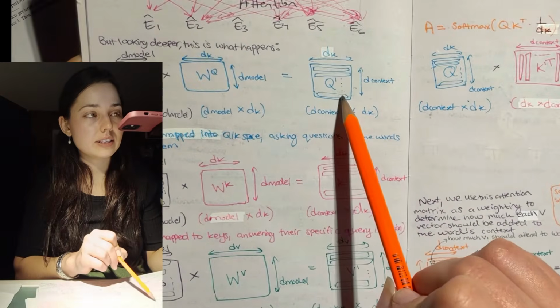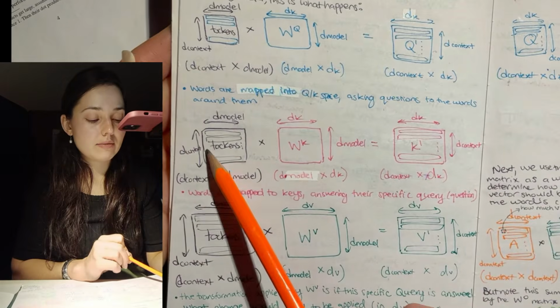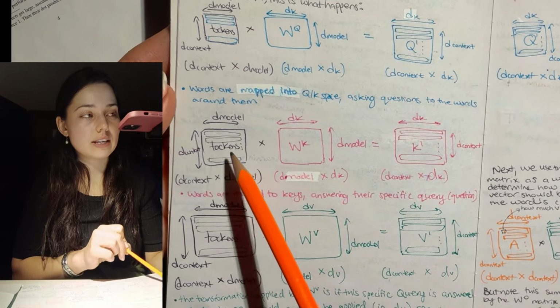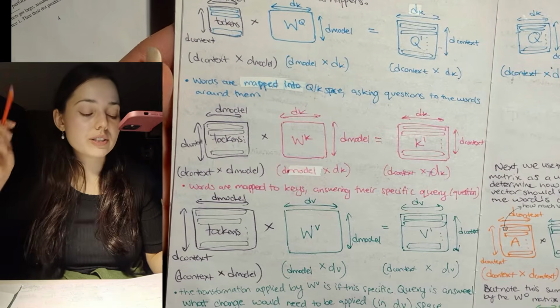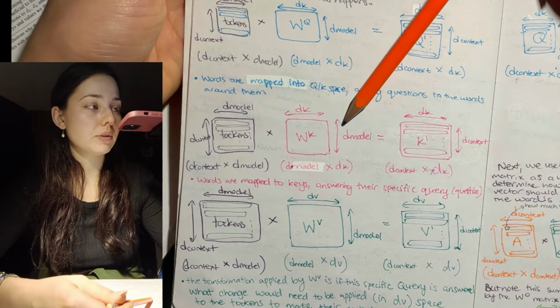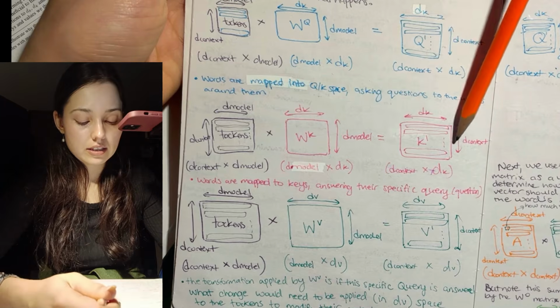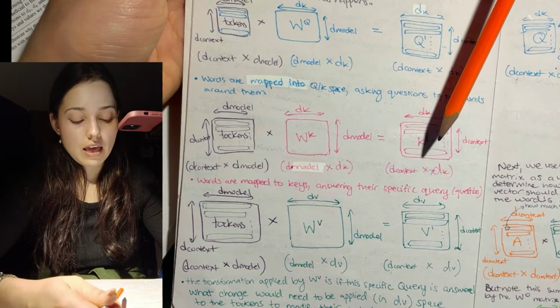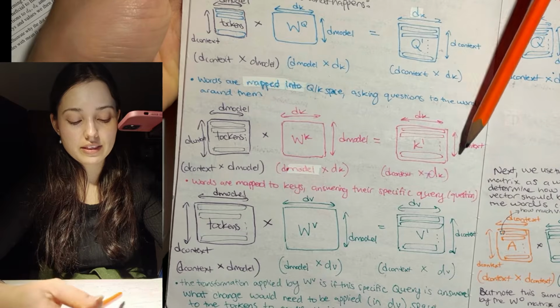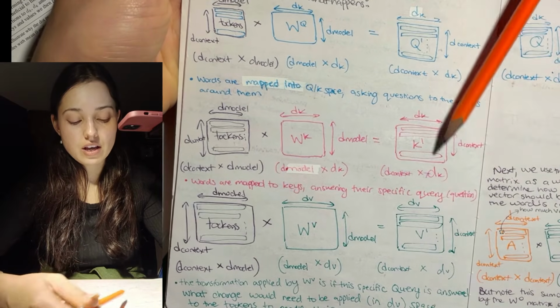And that's this here. This is the exact same matrix containing all the words. All the words are also mapped using this WK matrix into some kind of key space. The key space comes together as a pair with the query space and the V space, so they all come in a pair.